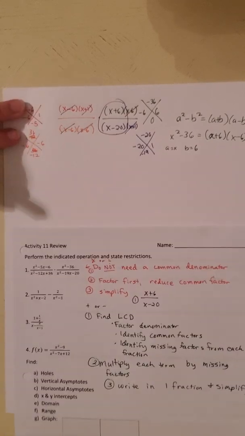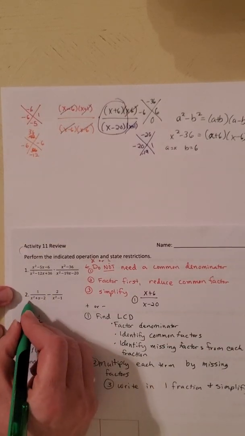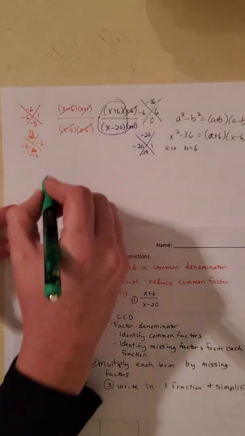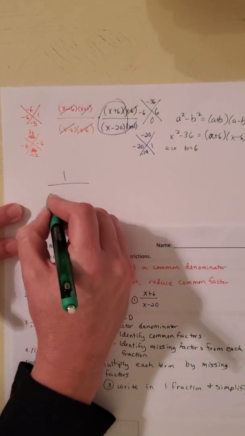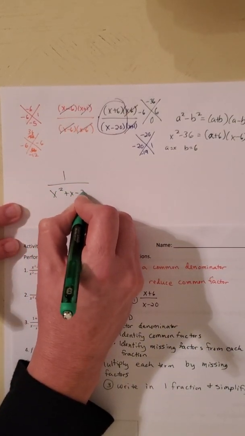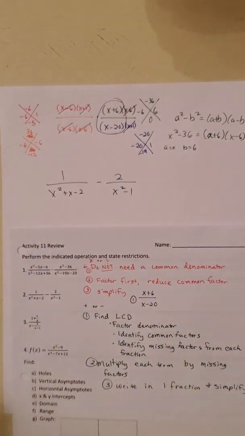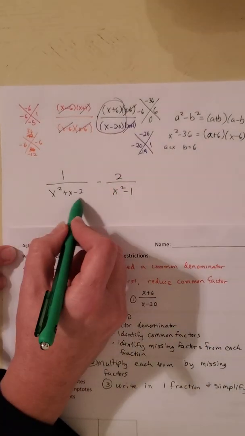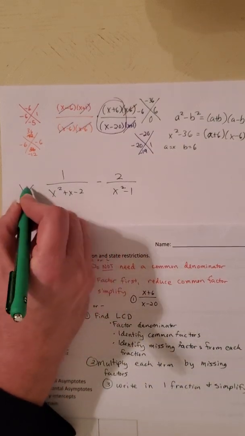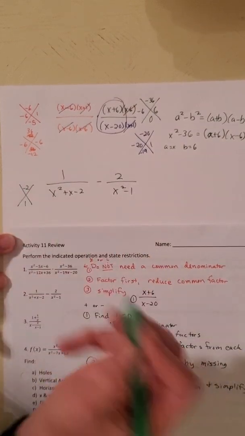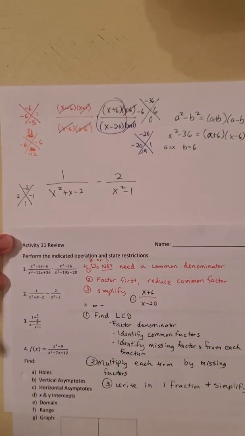All right, so we're going to factor this denominator and this denominator. So I have 1 over x squared plus x minus 2 minus 2 over x squared minus 1. Okay, so this one is going to factor as, we need something that multiplies to -2 and adds to 1. That would be 2 and -1.